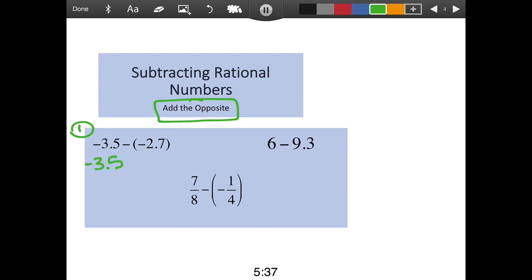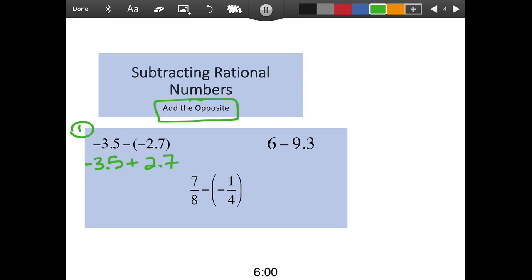First number always stays the same. Minus sign changes to a plus. Second number changes to its opposite. What is the opposite of -2.7? If you said positive 2 and 7/10, you are correct.